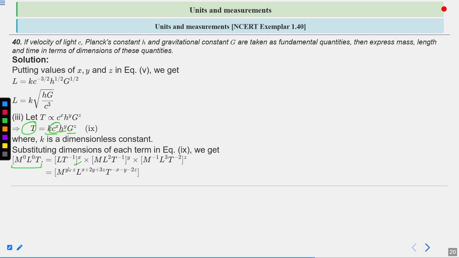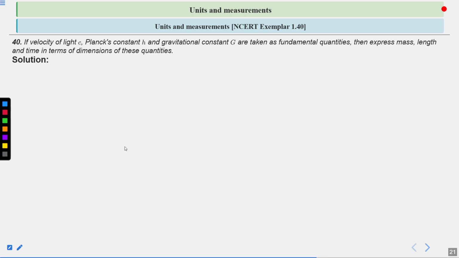Next, we compare the power of m, L, T with RHS side, m0 L0 T1. So we will get the value of x, y and z.